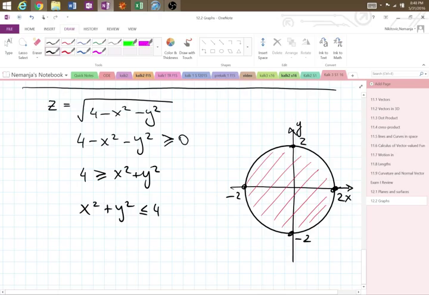Those planes are all z equals something: z equals 1, z equals 2, z equals 3, z equals 4, and so on. As you are cutting this shape, whatever curve you get when you cut, you project that onto xy.